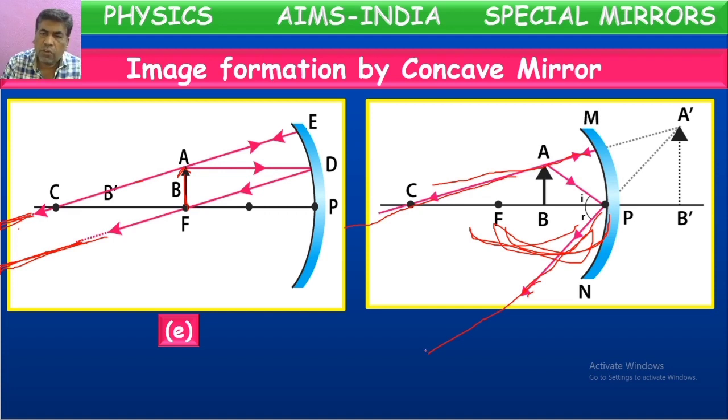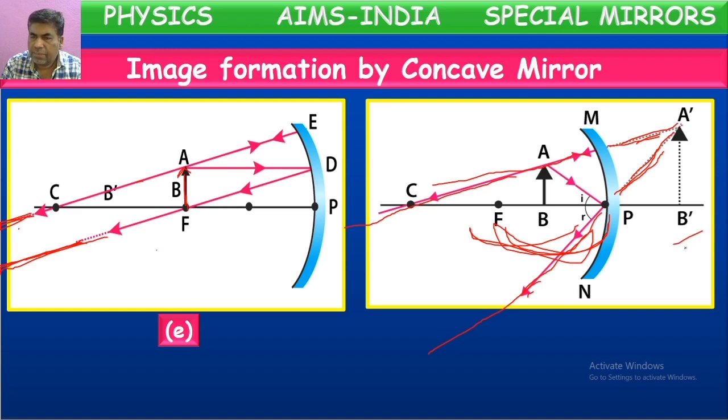So we have to assume that they are extended towards the right side, because on this side they are not intersecting. On the other side there is a possibility. For parallel rays there is no possibility because they never intersect. But here we can extend them forward. They will meet at a point.